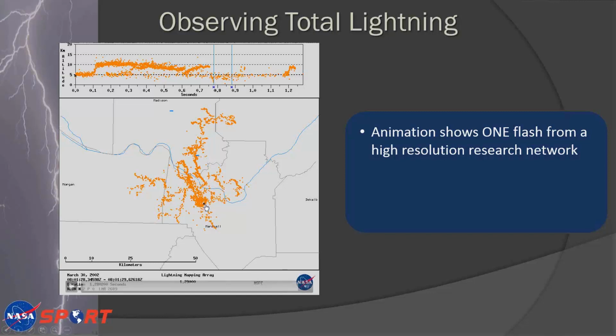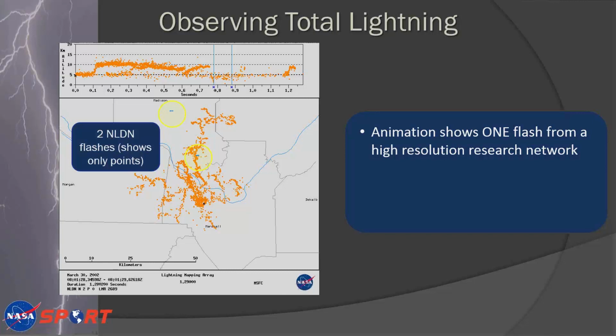It initiated here at this black X, and we see it extending many miles in multiple directions. At the same time, too, we see the NLDN observations that were actually linked to this single flash that was observed by the lightning mapping array. So this is demonstrating that a single flash can actually come to ground multiple times.